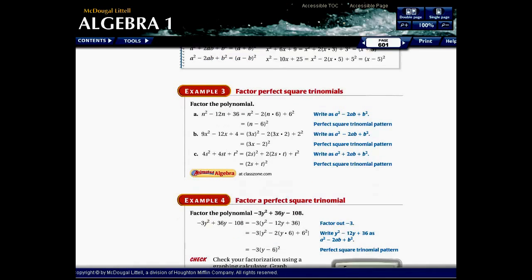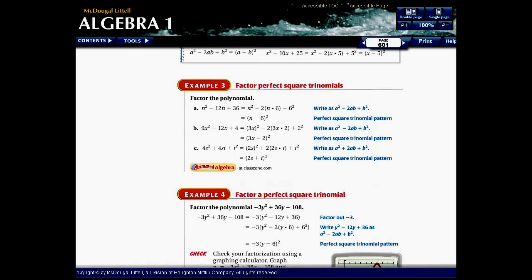A. n squared minus 12n plus 36. Notice that these now do have a middle term. Where would that have come from? This is a positive number, so what can you multiply together to get it?